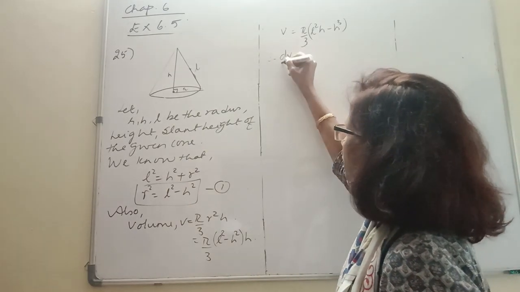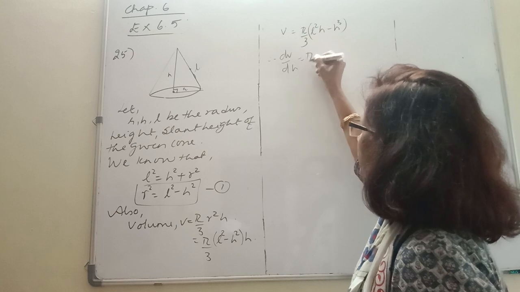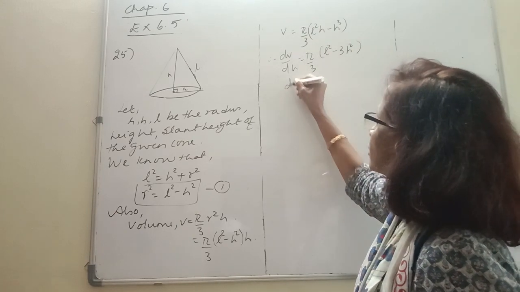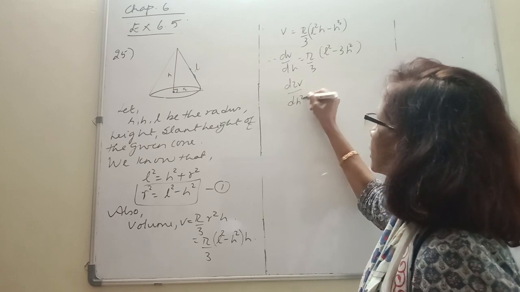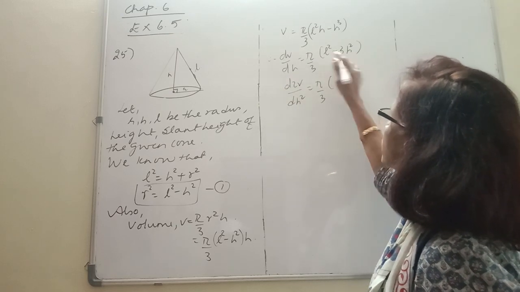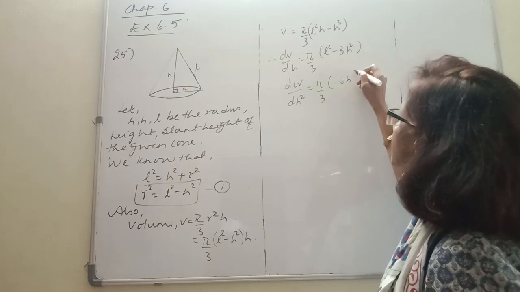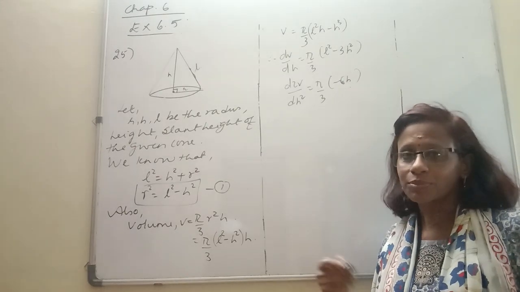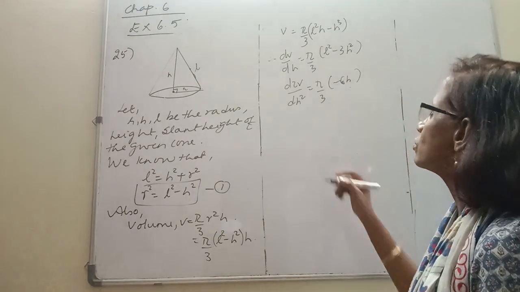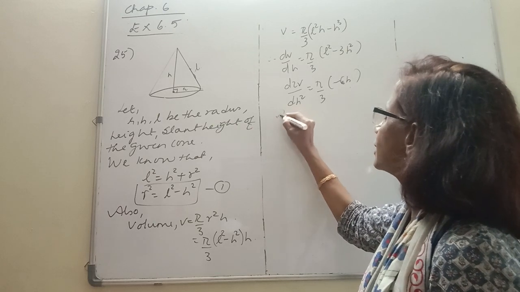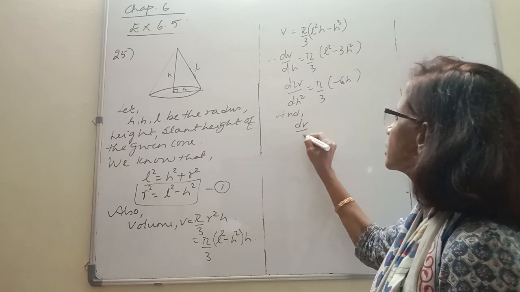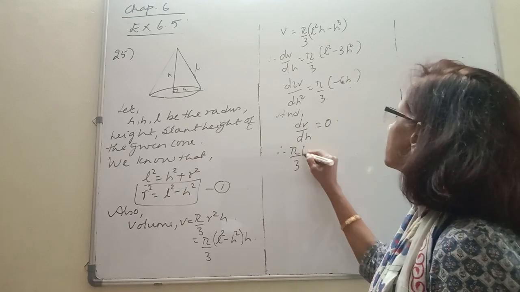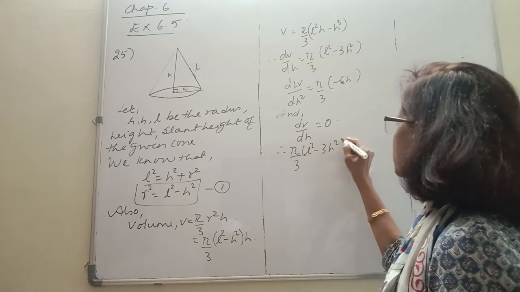First derivative, dV over dh, is pi over 3 times l squared minus 3h squared. And the second derivative is going to be pi over 3 times minus 6h, since l squared is a given quantity and doesn't have a derivative. From here itself it's very clear it's a negative quantity, so it is going to be a maxima point. Now let's go for the critical point, where we consider dV by dh equal to 0, so pi over 3 times l squared minus 3h squared equals 0.